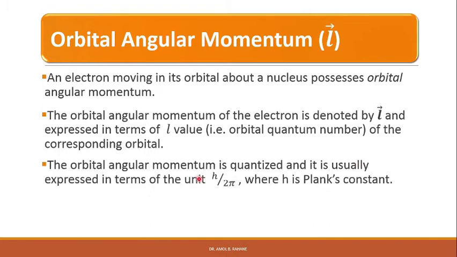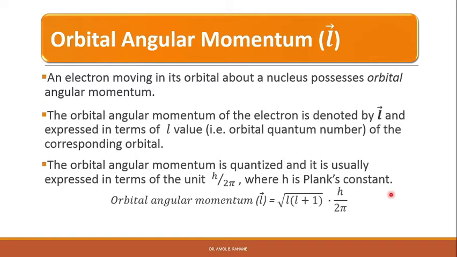The orbital angular momentum is quantized and it is usually expressed in terms of unit h upon 2 pi, where h is Planck's constant. So what is meant by quantized? That means the orbital angular momentum takes discrete values. It is not taking continuous values, but it is taking discrete values and therefore it is quantized.